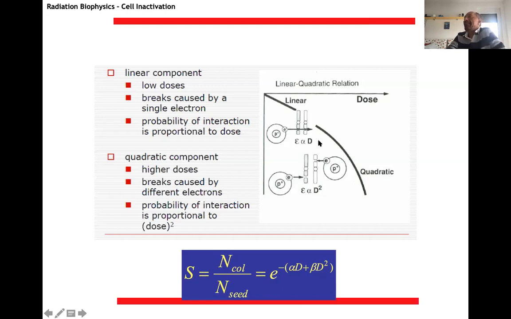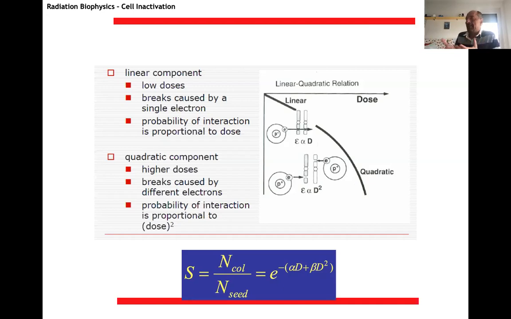So the idea is always that you must have at least two lesions to have cell killing. This is approximately true for mammalian cells, because you need the chromosomal aberration, and chromosomal aberrations always require at least two breaks.